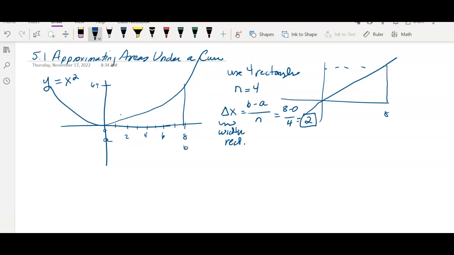Well, we're doing that right now. So we can draw the rectangles. Katie. Because I want 4 rectangles between 0 and 8. Right? So yeah, they're going to be two wide each. Okay? And we can change that.